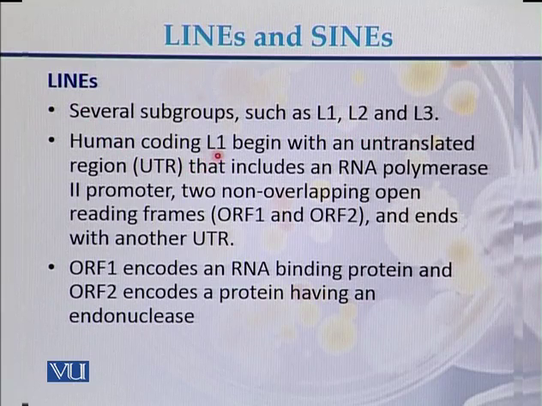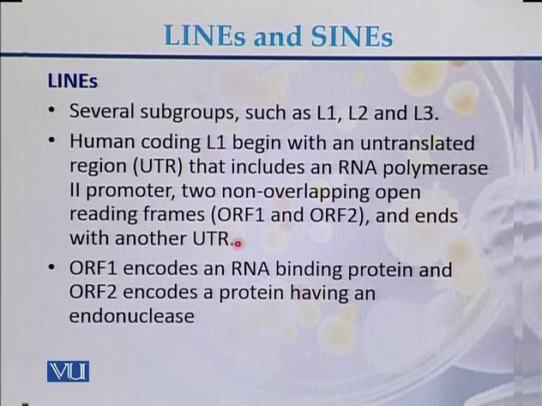Human coding L1 begins with the UTR region, the 5' UTR region, that includes an RNA promoter, two non-overlapping open reading frames which are called ORF1 and ORF2, and it ends with a UTR region.